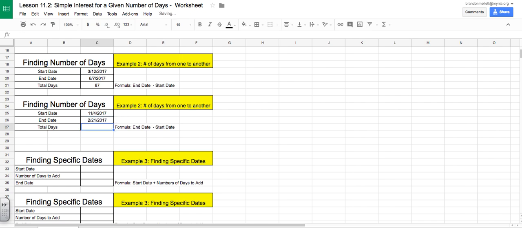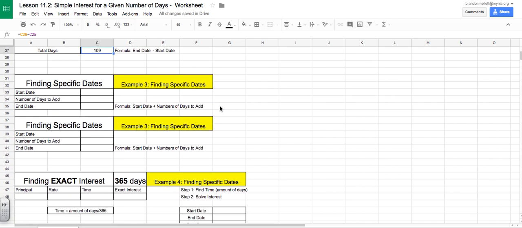If you let it fill in automatically, it's going to put the same year, so we have to change that to 18. Then end date minus start date, enter. For the first example, we get 87 days, and for the second part of example 2, we get 109 days.